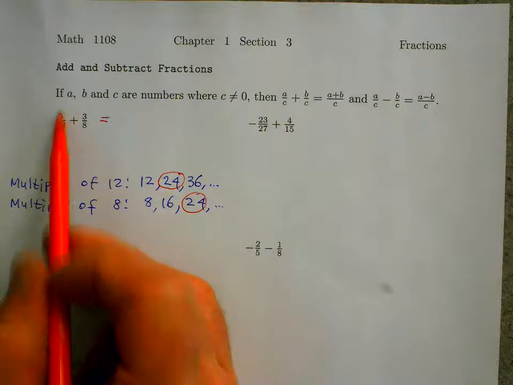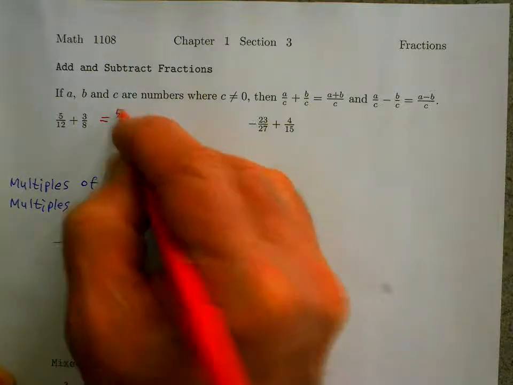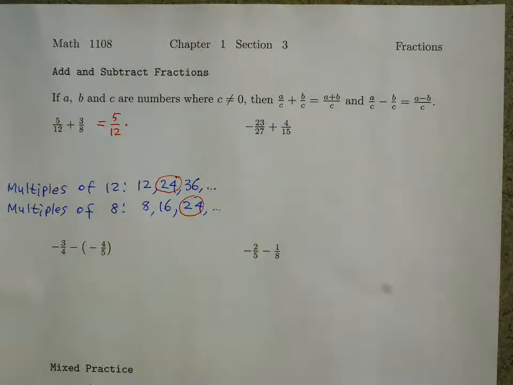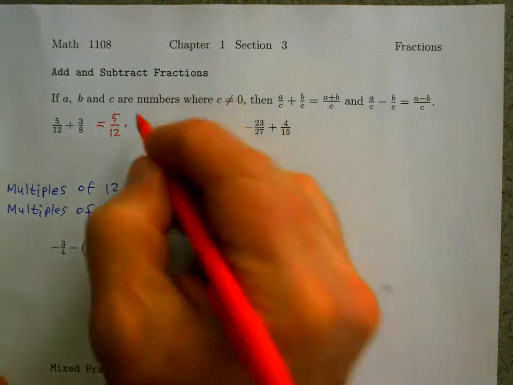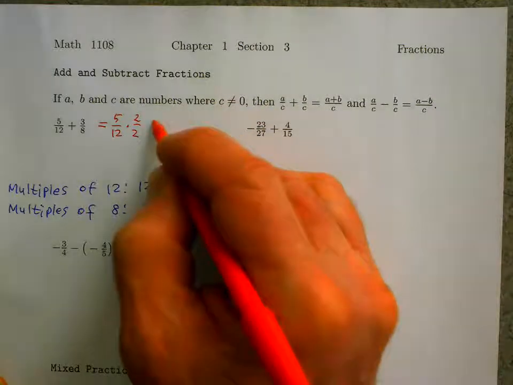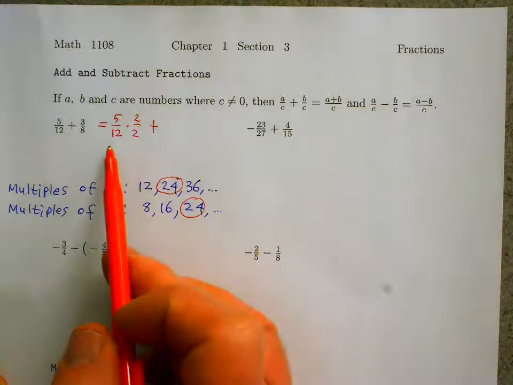So 5/12, well, let's see. What would I have to multiply 12 by to get 24? Answer: 2. So if I multiply by 1 in the form 2 over 2, then I'll get a denominator that's 24.